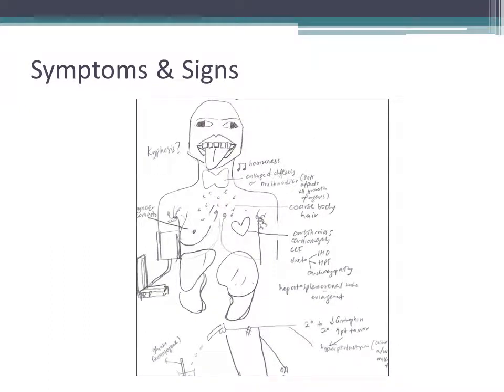Symptoms and signs of acromegaly, again, for lack of better illustration, and I encourage all the artists in your group to come forward if they're interested to work with me into drawing something a bit more professional. Anyway, these people present with the characteristic features that you see in the books, with large tongue, spacing between the teeth, coarse facial features, thyromegaly.